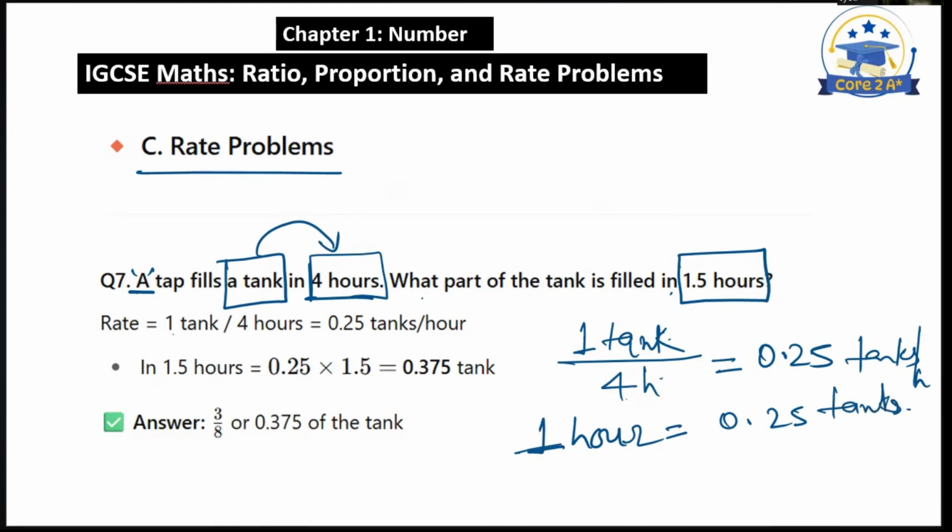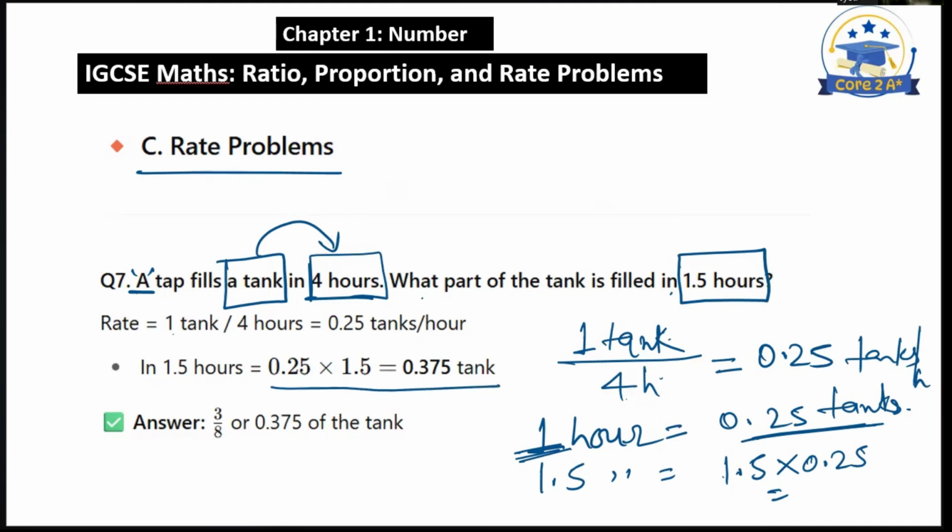So if in 1 hour it fills that much, what about 1.5 hours? Obviously, we have to multiply by 1.5. As you can see, after multiplication, you are getting 0.375 tanks. Right? That part would be filled after 1.5 hours. In fraction, you can write 3/8, or in decimal, you can write 0.375.